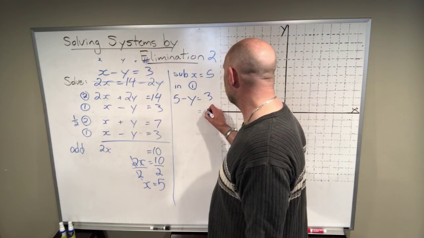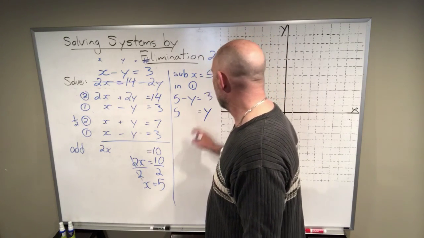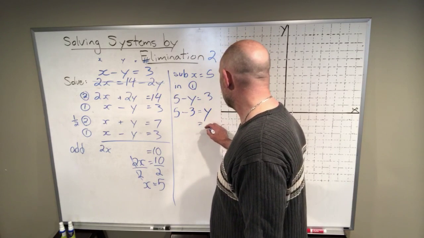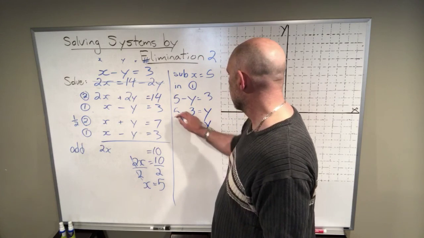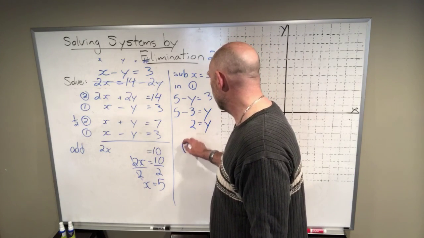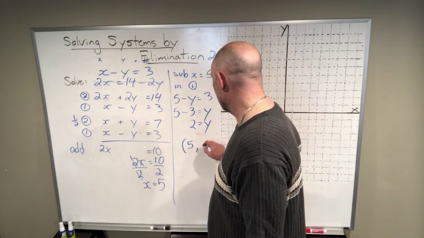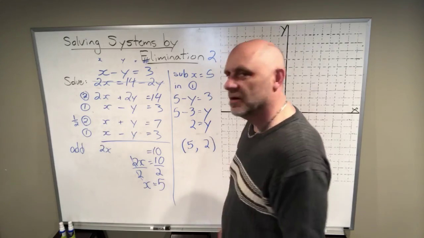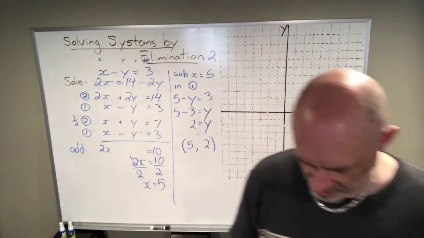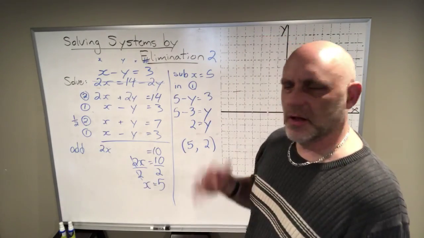No, it's positive y. Thank you. 5 stays here. 3 comes over and it becomes a negative 3. Isn't that beautiful? Let's all join hands and sing. 5 minus 3 is 2. So what is our solution? We have x equals 5, y equals 2. My gosh, isn't that nothing short of a miracle? The magic and the mysteries of mathematics.